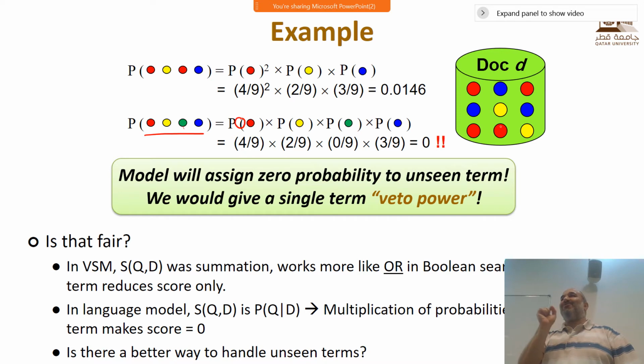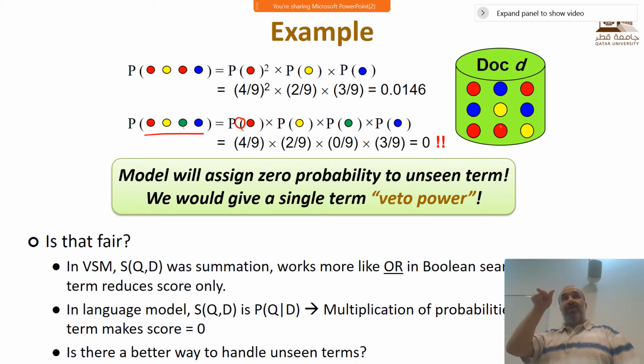Think about it before you answer. If I'm using a TF-IDF scoring function, and one of the terms has 0 TF-IDF weight, what will happen? Will I get 0 for the entire score? Why not?